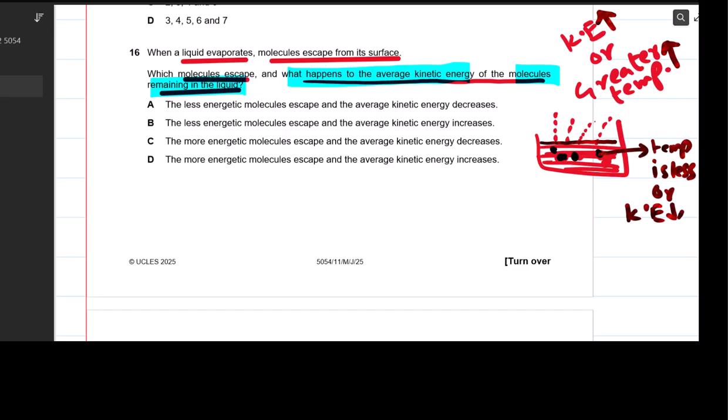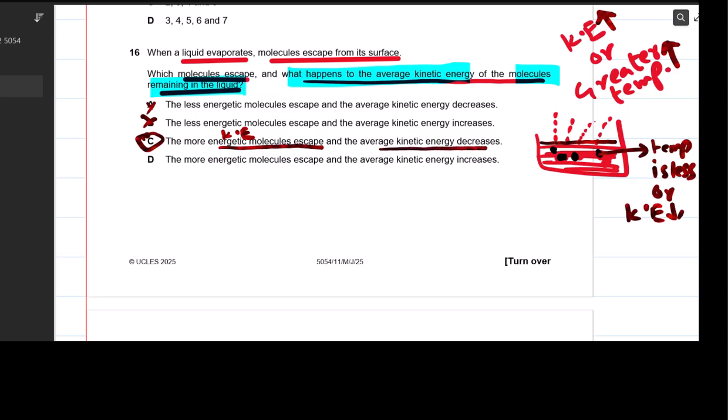No. Not possible. More energetic molecules escape and the average kinetic energy decreases. Yes, possible. C is right. No, only C is right. More energetic means having more kinetic energy, they will escape, and the average kinetic energy of the remaining decreases.